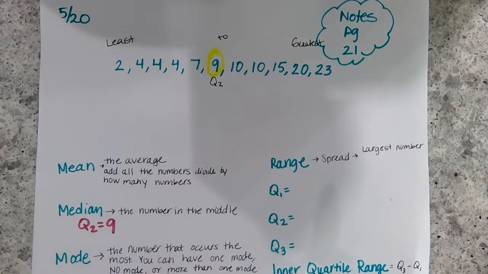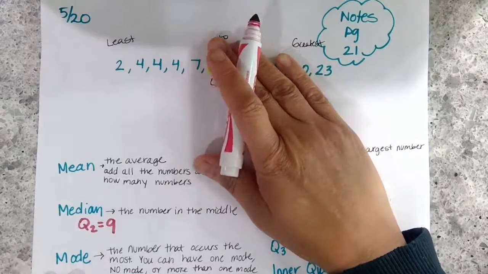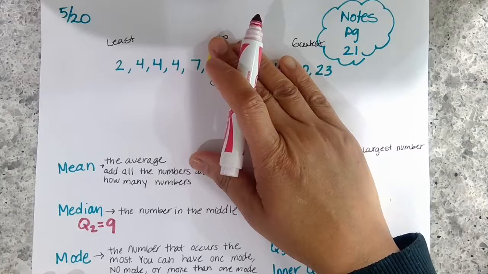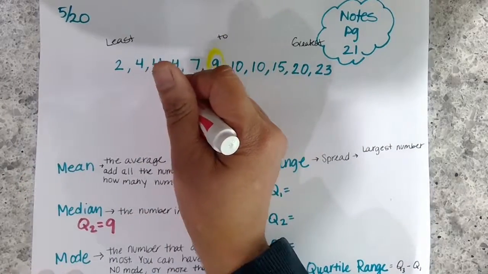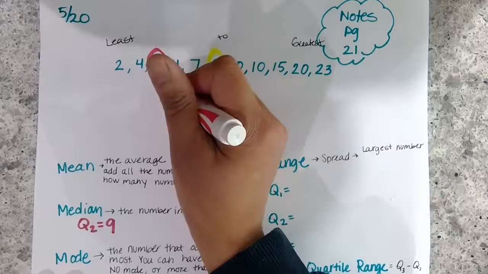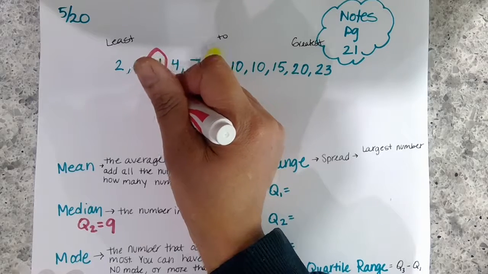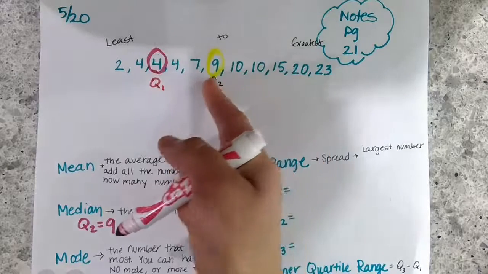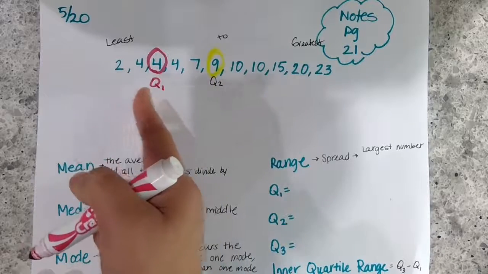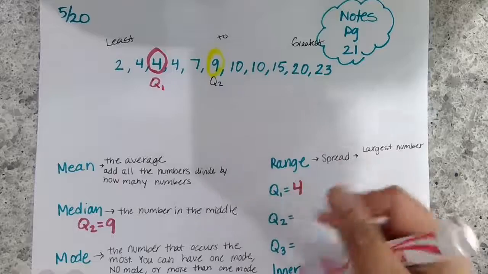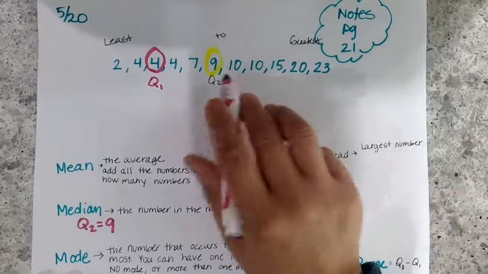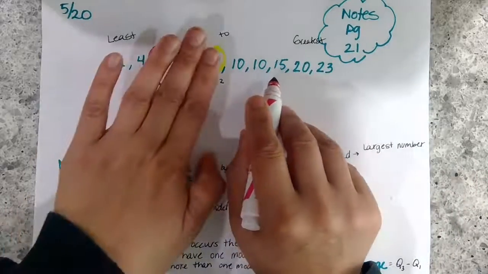Then what you're going to do is you're going to cover this up and you're going to say, okay, so what is now the middle of these numbers right here? Well, the number right in the middle would be 4. This is half of this bottom half, so that's called quartile 1. So quartile 1 is 4, and we do the same thing.